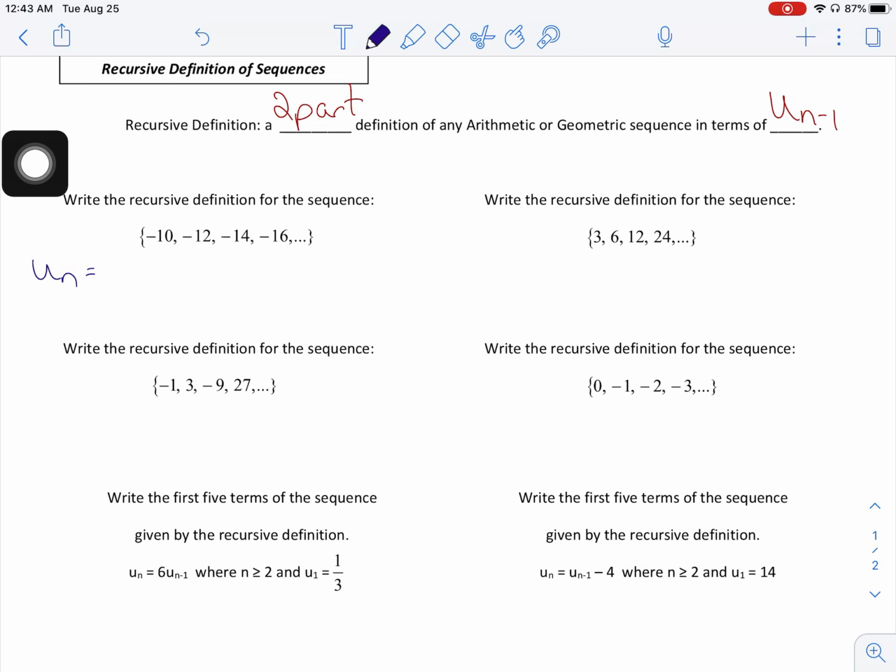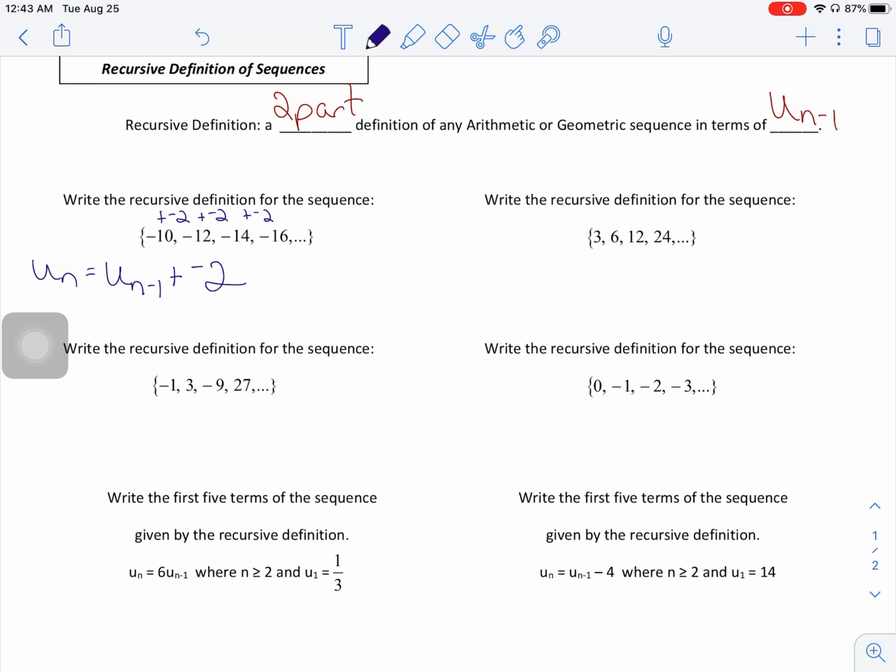In this case, I'm thinking I should be adding a negative 2, and then adding a negative 2, and then adding a negative 2. So to get any term in the sequence, I need to take the previous term, u sub n minus 1, and add a negative 2.